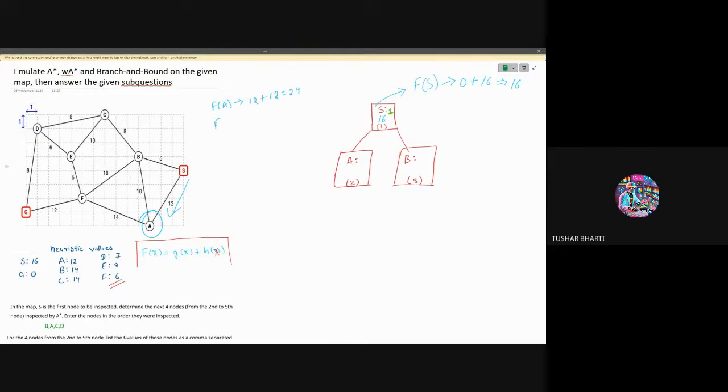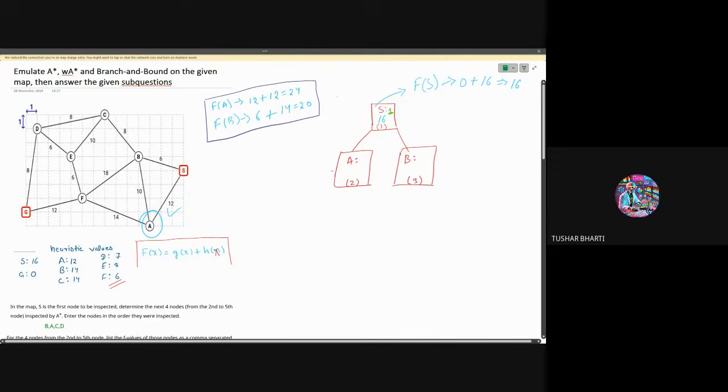Similarly, we will do for B. We have S2B, 6, and heuristic value of B is 14. So this will be 6 plus 14 is equal to 20. Now we will write the values in the node boxes. So this is A 24 and this is B 20.